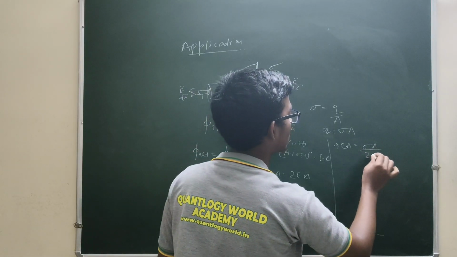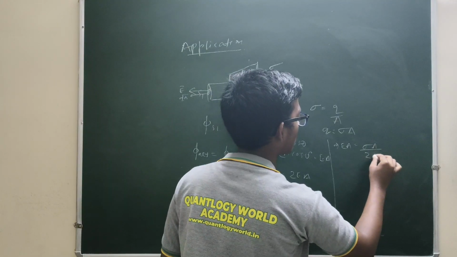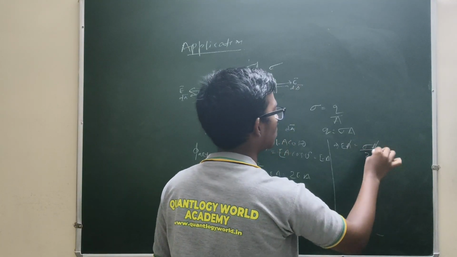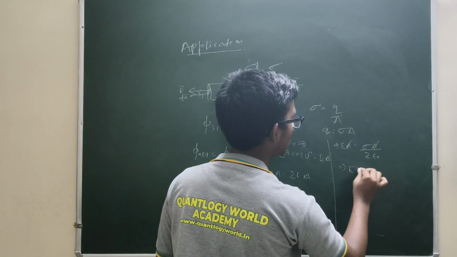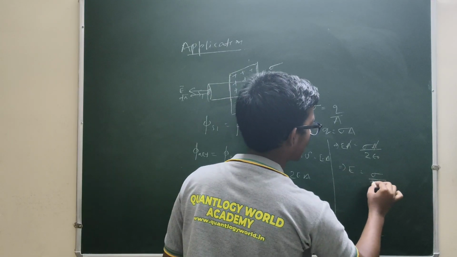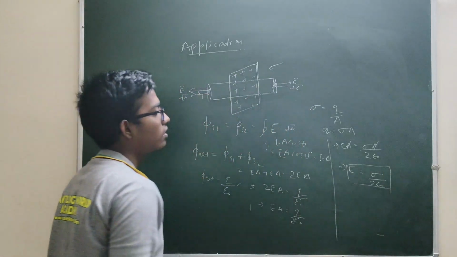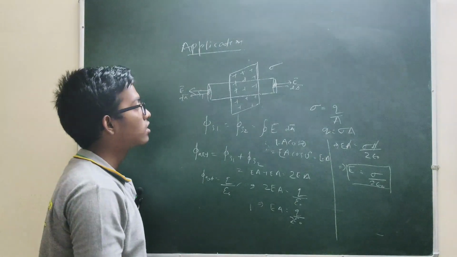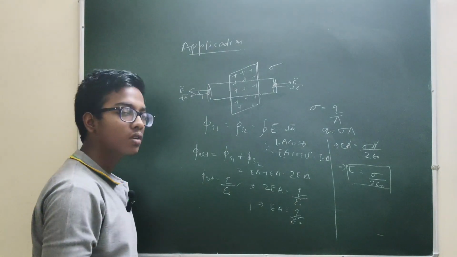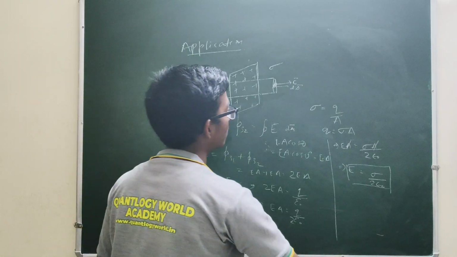So EA is equal to sigma A upon 2 epsilon naught. So here A and A cancel. That implies E is equal to sigma by 2 epsilon naught. So this is the electric field due to a large plane sheet passing through a cylindrical Gaussian surface.